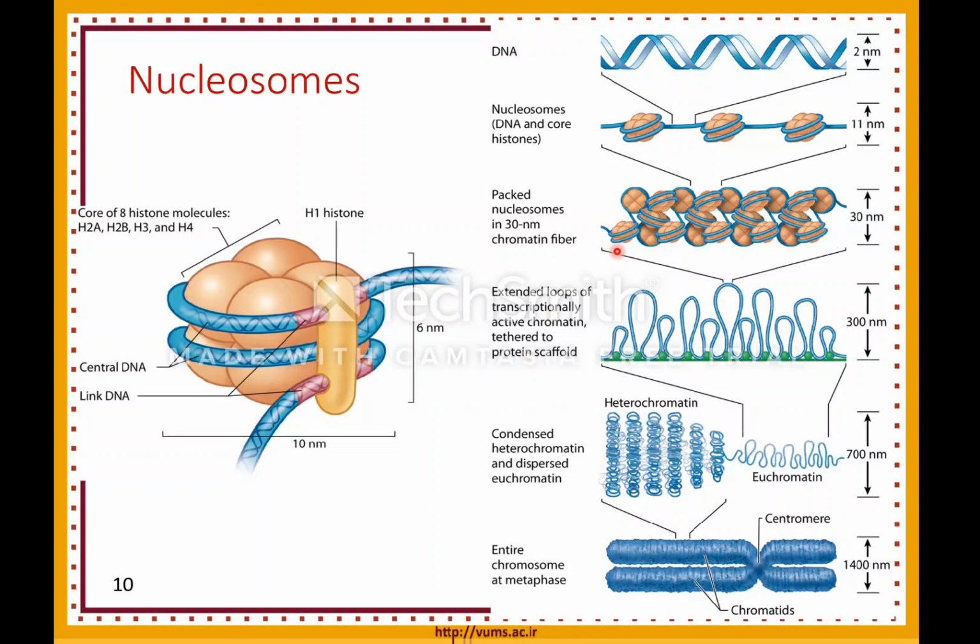The nucleosome is a subunit of the chromatin. Each nucleosome includes 4 pairs of histones, which are H2A, H2B, H3, and H4, that form the nucleosome core, and they coil one DNA chain around themselves, and by this function they condense and coil the DNA.